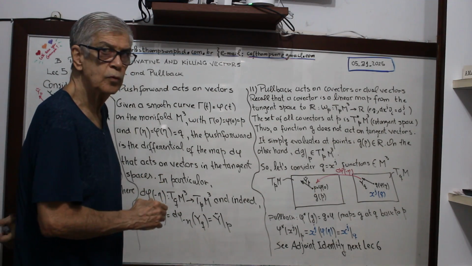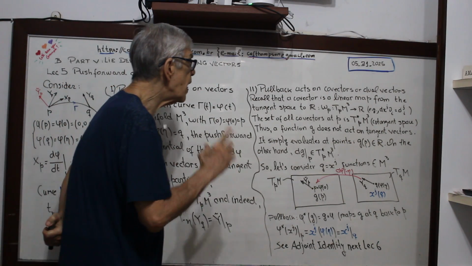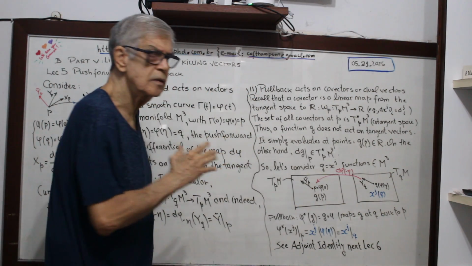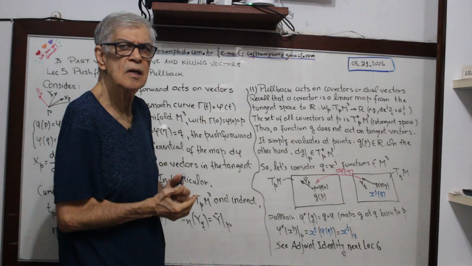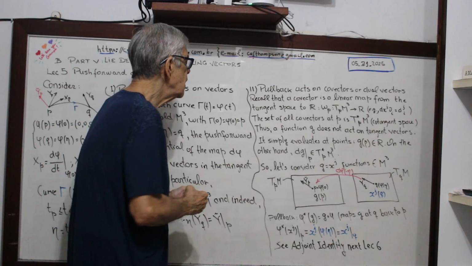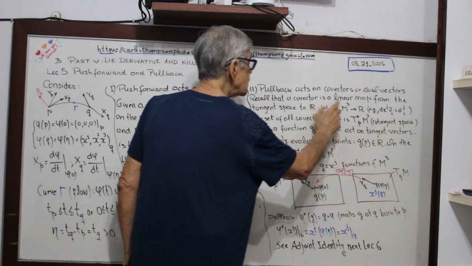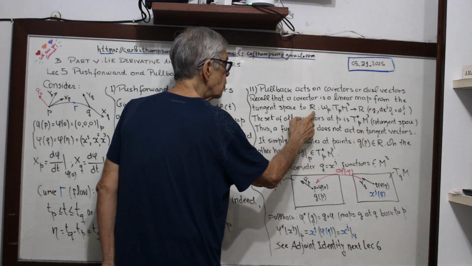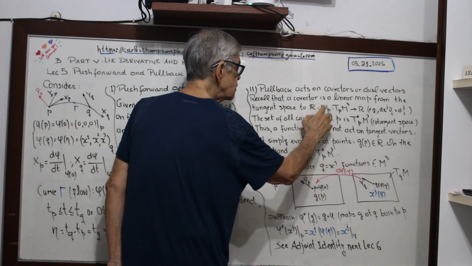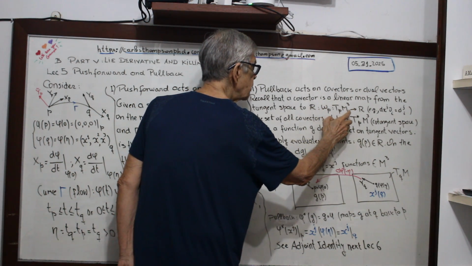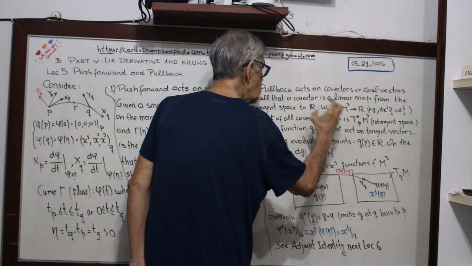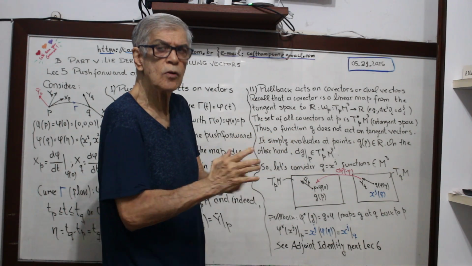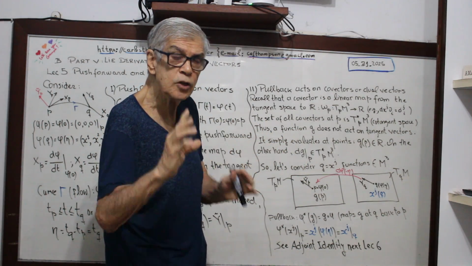Now let's move to the pullback. Pullback acts on covectors or dual vectors. We already presented this in previous lectures. Now recall that a covector is a linear map from the tangent space to R, to the reals. In general, this is a covector at P. This covector acts on the vector and leads to a real number, by the definition of tensor.